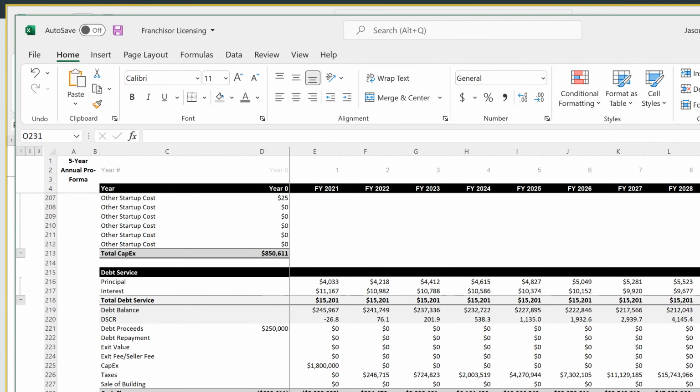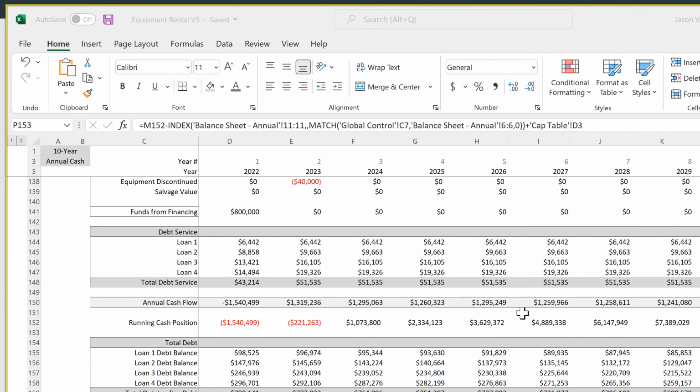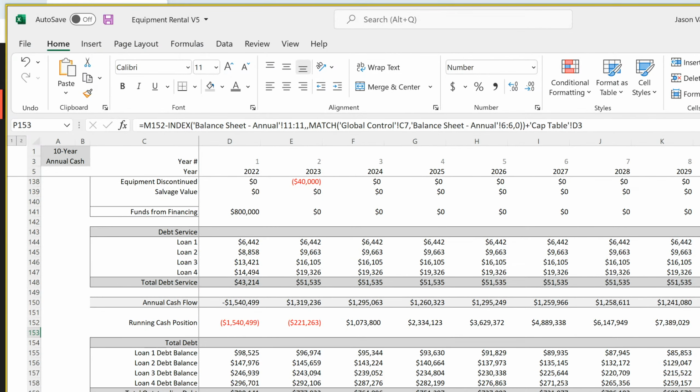Okay, so good. So this just goes through no matter what. It just flows even if the month ends earlier and it's the same amount and it matches. All right, that's good. So it passed all the checks we're doing right now, so I don't need to save this. So the franchisor licensing model is good to go.